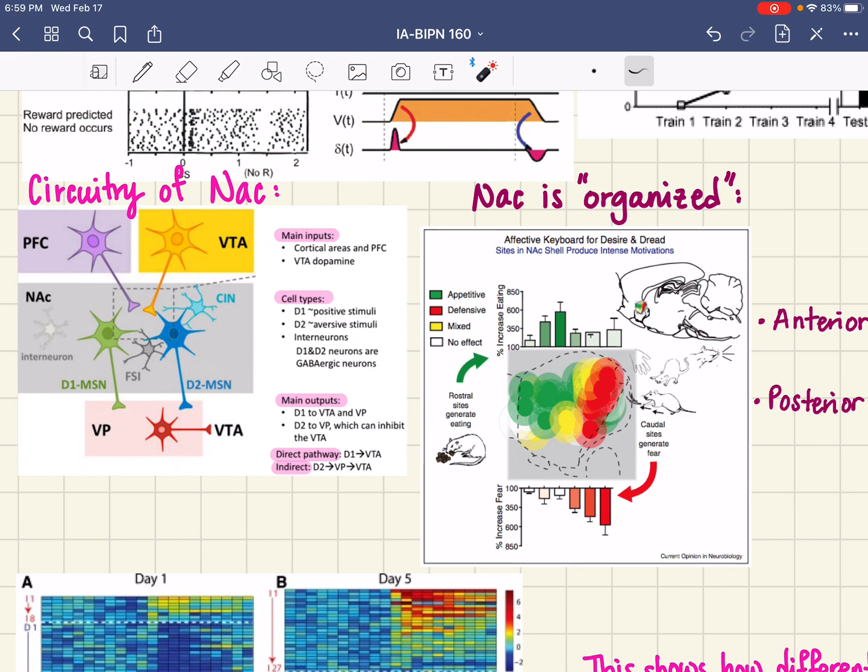So remember that D1 projects to both the VP and VTA, and then D2 projects to the VP, and then the VP projects to the VTA afterwards. Okay, so we have the direct pathway with D1 and the indirect pathway with D2.